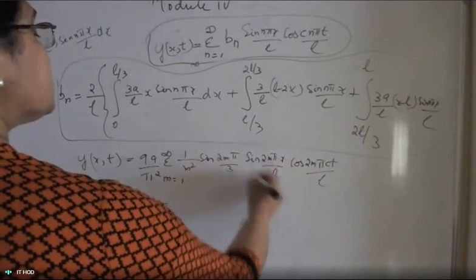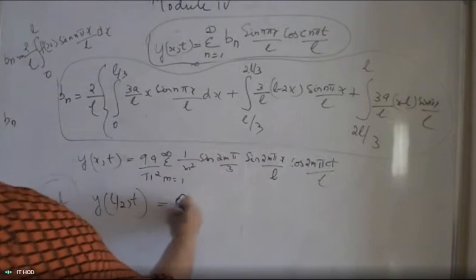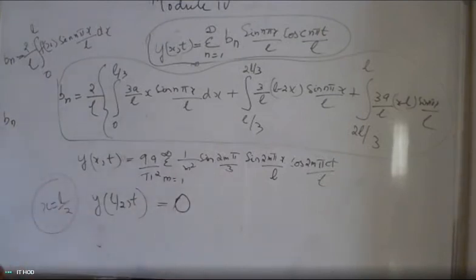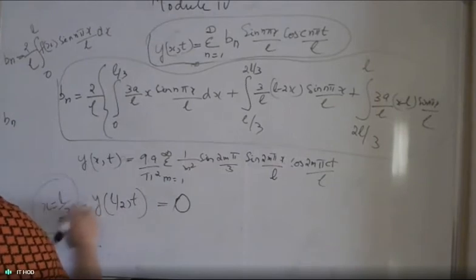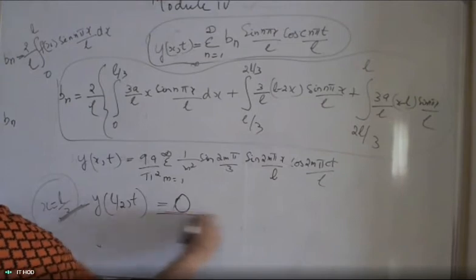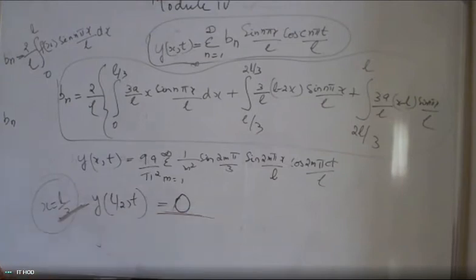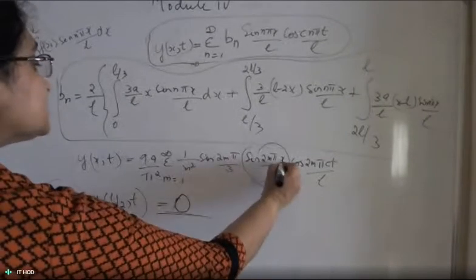Once this is equal to 0, everything will be equal to 0. That means at the middle point, x is equal to L by 2, the string is in the resting position. This becomes 0.